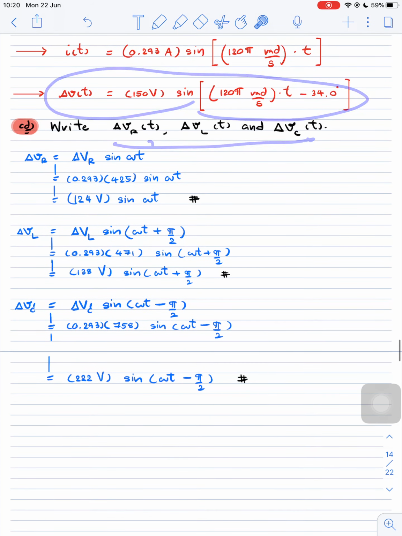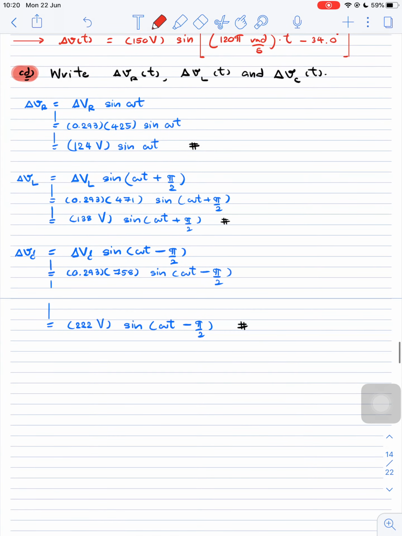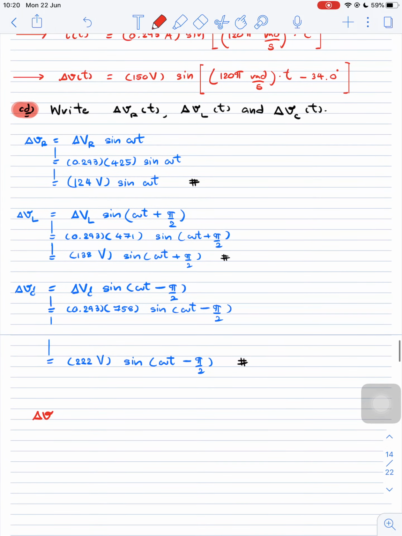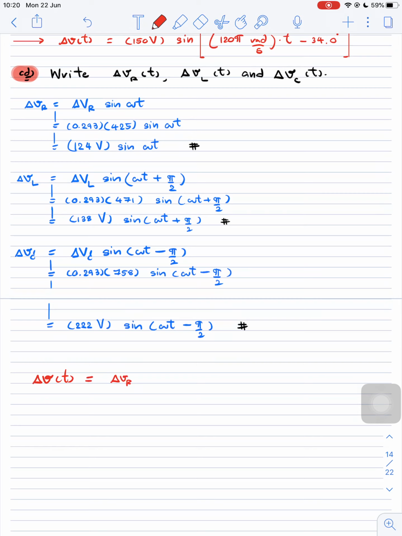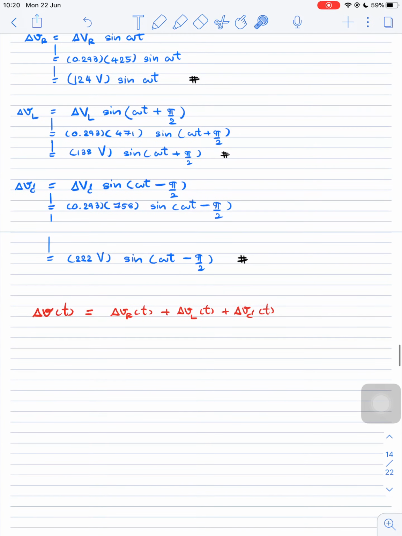So you can guess that delta V as a function of the time t must be equal to the potential difference across R plus the potential difference across L, plus the potential difference across C. This equation will work for any time t.